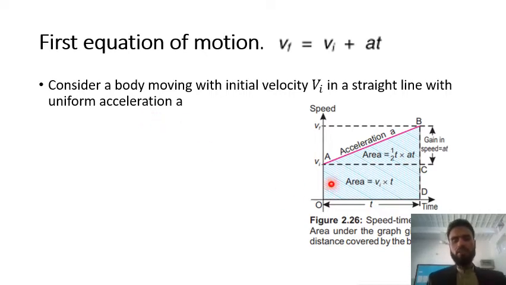Since the acceleration is uniform, the graph must be a straight line. Second, the body is moving with initial velocity, so there must be some velocity.